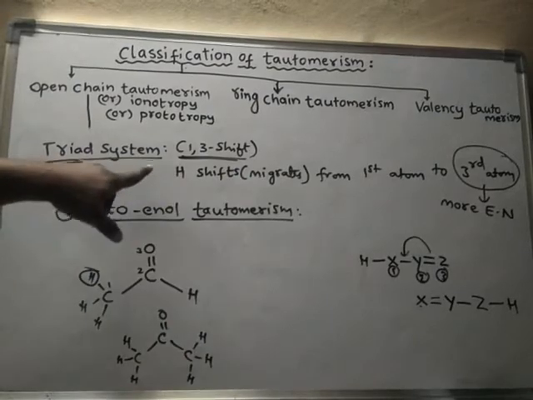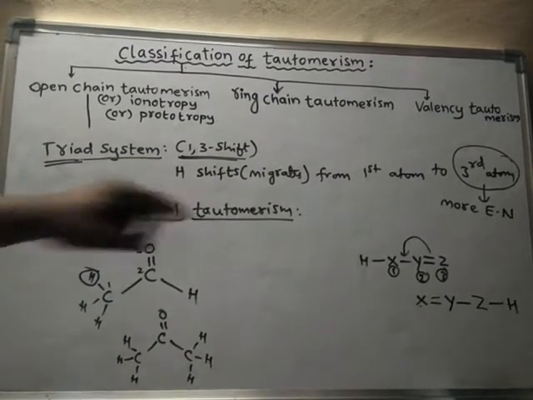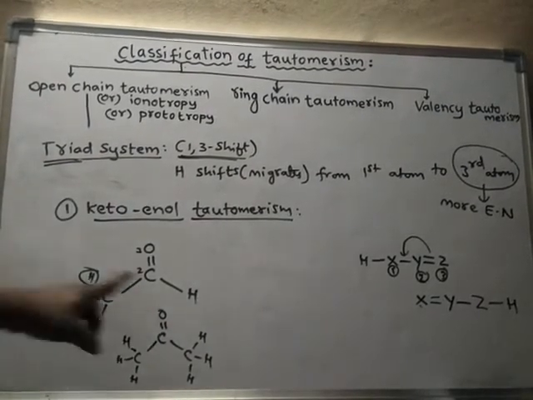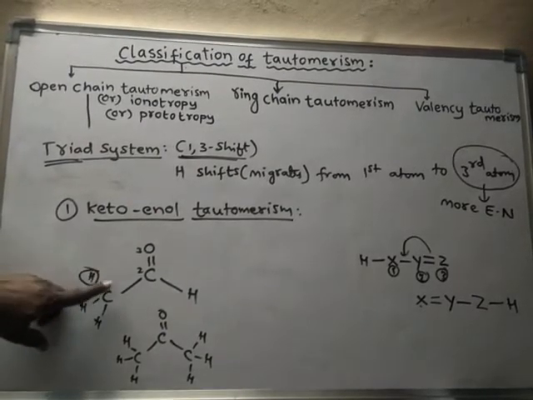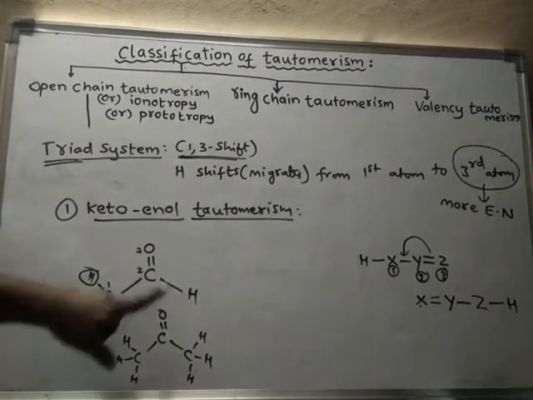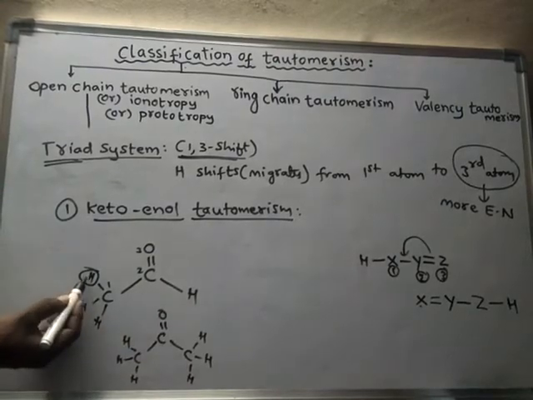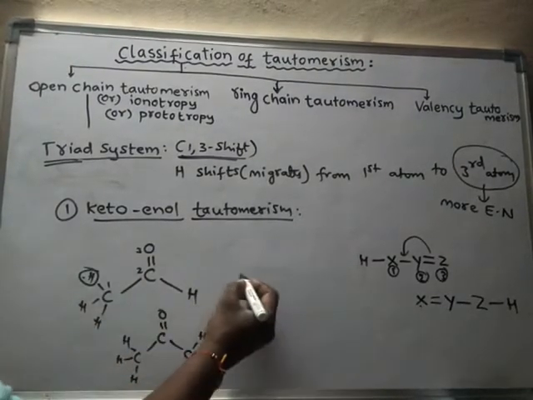So the famous example for 1,3 shift is keto-enol tautomerism. In keto-enol tautomerism, what happens? This is the keto form, a compound in keto form. Due to the migration of this hydrogen atom to the oxygen atom, what happens?